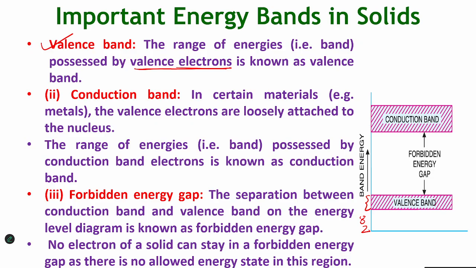Conduction band is where loosely attached, free electrons are present. Valence electrons are loosely attached to the nucleus. For a copper atom, if you apply some amount of energy, the electron will be excited from this atom to some other state.